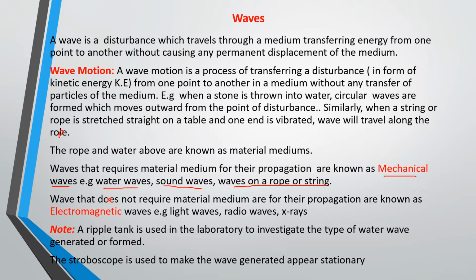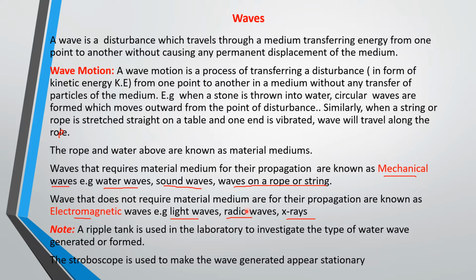Then waves that do not require material medium for their propagation are known as electromagnetic waves. Examples of electromagnetic waves are light waves, radio waves, infrared, and all those waves are known as electromagnetic waves, and they do not require material medium for their propagation.